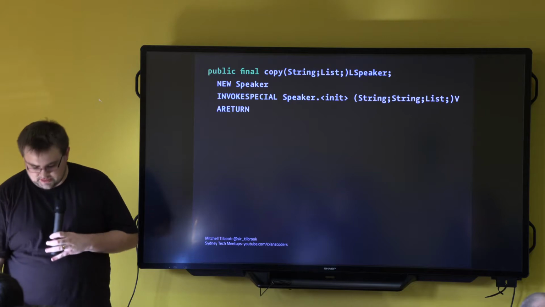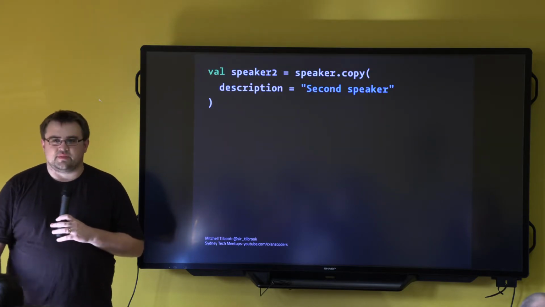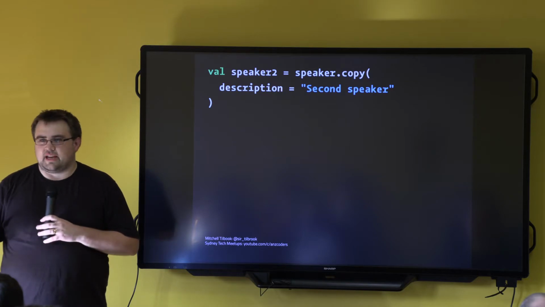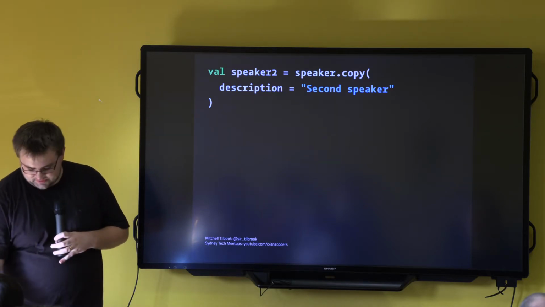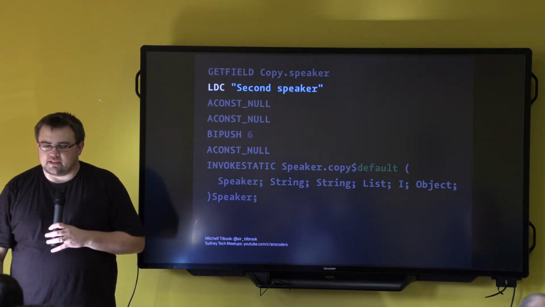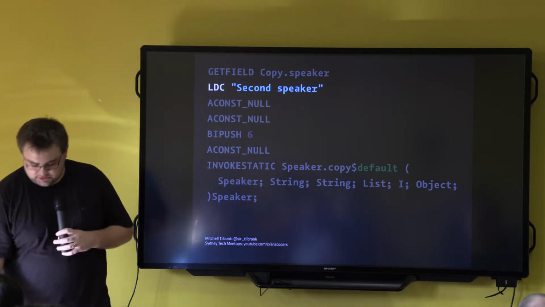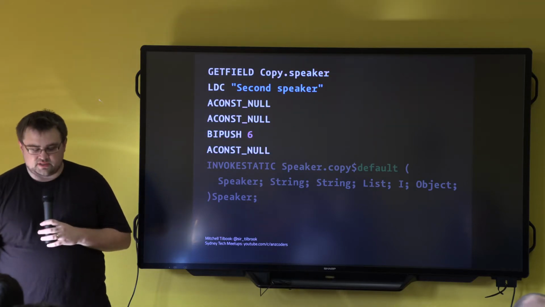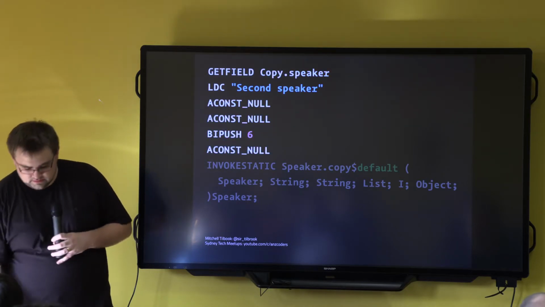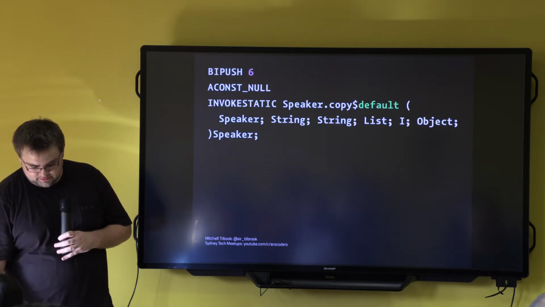So to maintain compatibility with Java, how is it that we can have this in Kotlin but not actually pass in all the parameters? The way in which this is done in Kotlin is that we just load up the thing that we want to change, and then for everything else, we pass in null. And then we call this copy default constructor.